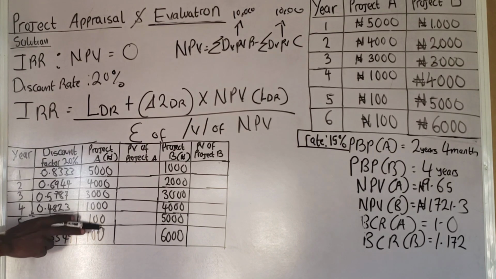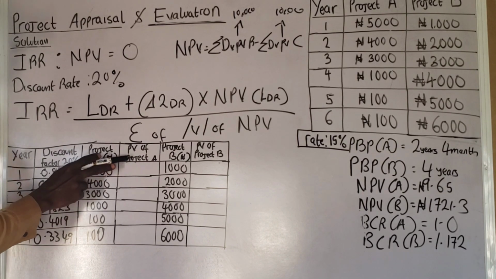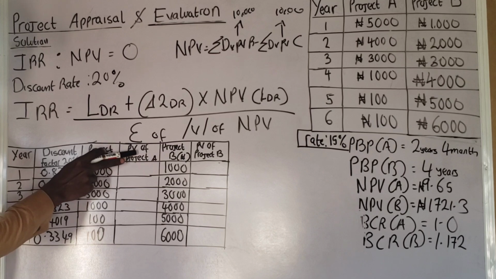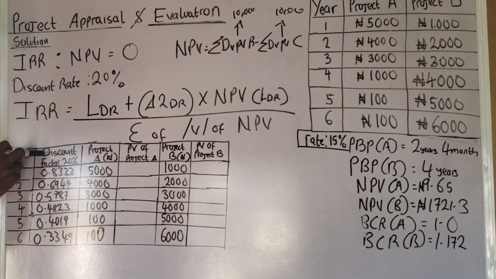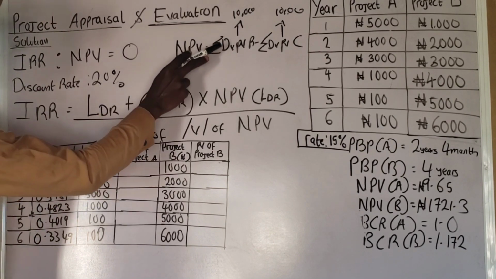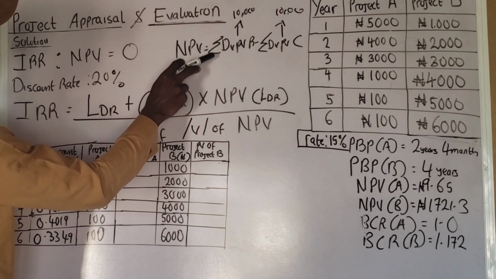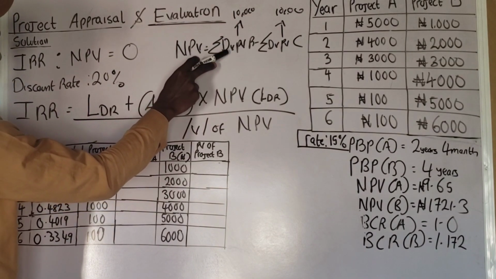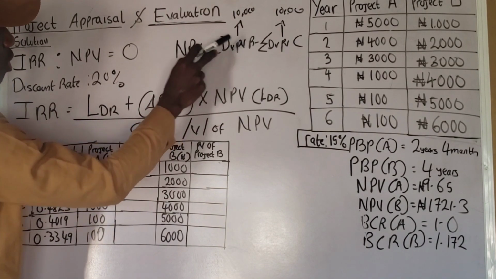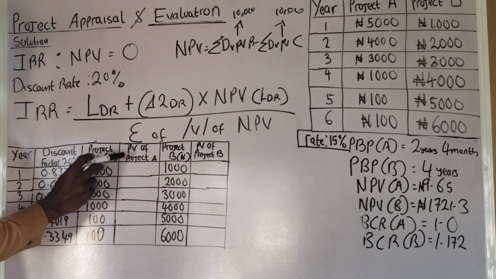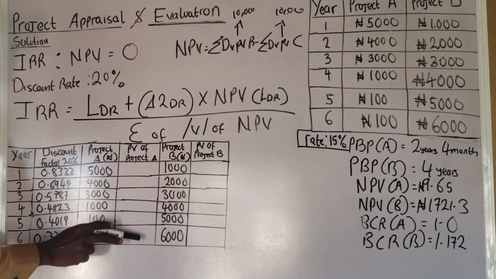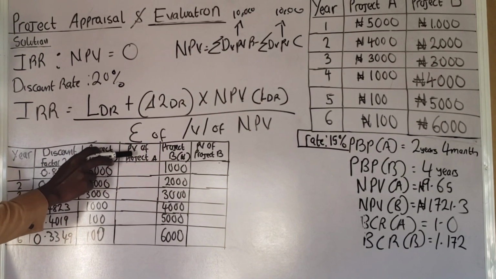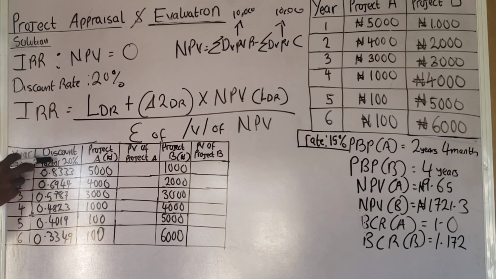Here we need to take the product of the present value of project A and the discount factor. That is why the NPV formula is given by the sum of the product of the discount factor and the present value. So these cells contain the product of the present value of project A and the discount factor.